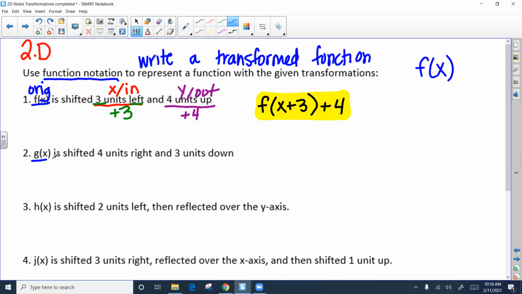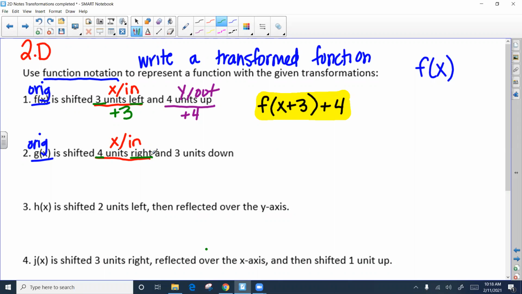Number 2 says g of x. So we're using a different name for our function. This is function g for our original function. g of x is shifted 4 units right. So if something is shifted to the left or the right, I know that is affecting the x-axis, so that's going to be on the inside. But remember, when something is with the x, it's going to be the opposite operation.